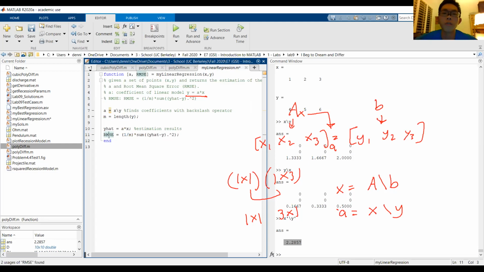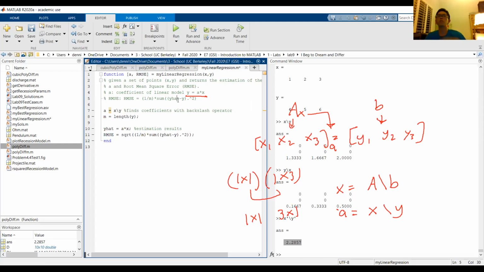Is it me, or is this missing a square root? It should be the square root of the sum, I think. Yeah, this should be all of this square rooted. Huh, that's weird. They omit this.